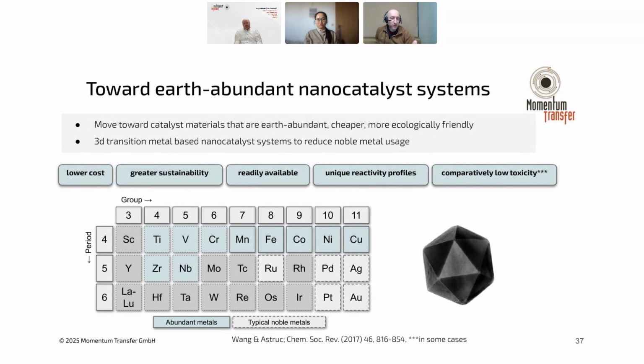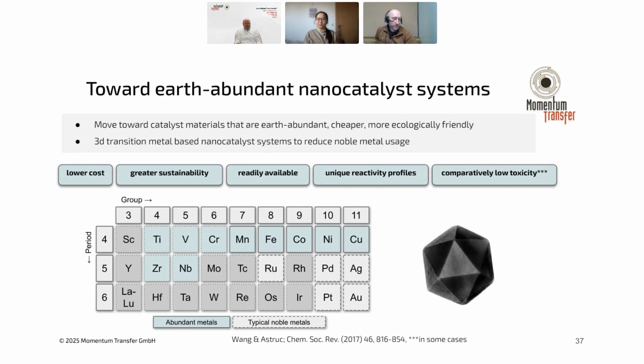Also because you have lots of different chemistry that you can do here, so you have more capability to tune things like morphology, particle size distributions, surface states, and really have more flexibility in designing specific reactivity profiles.